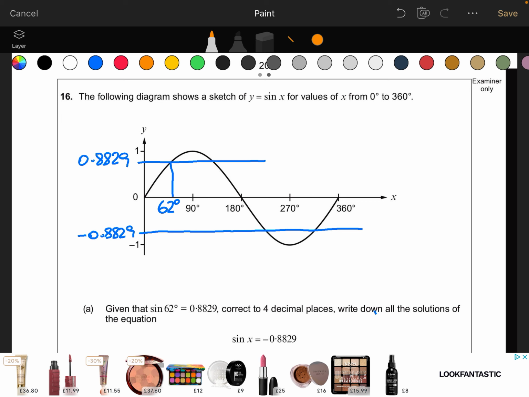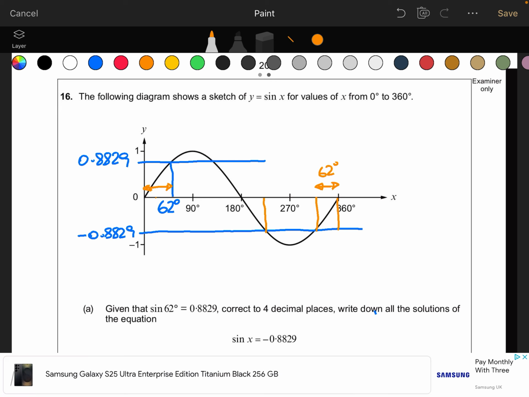What we could notice is if this distance here is 62 degrees, from 0 degrees to 62 degrees, then this bit here must be symmetrical with this. So that distance there must also be 62 degrees. Similarly, this distance here is also 62 degrees.